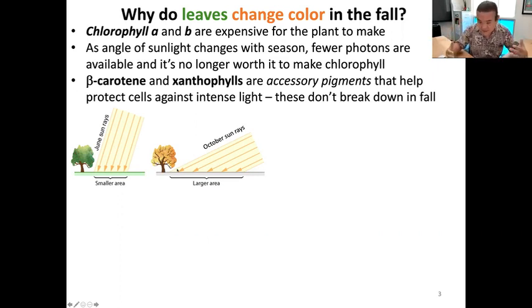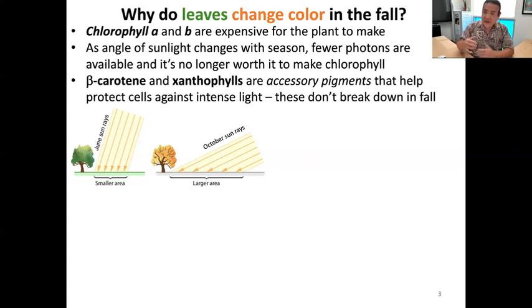Or I think the better way of thinking about it is that the same surface area on a leaf would be receiving far fewer photons. And in that case, maybe it's no longer worth it for the plant to bother making these big, complicated chlorophyll A's or B's. But at this point, the plant still needs to photosynthesize, right? Because there still is available light.